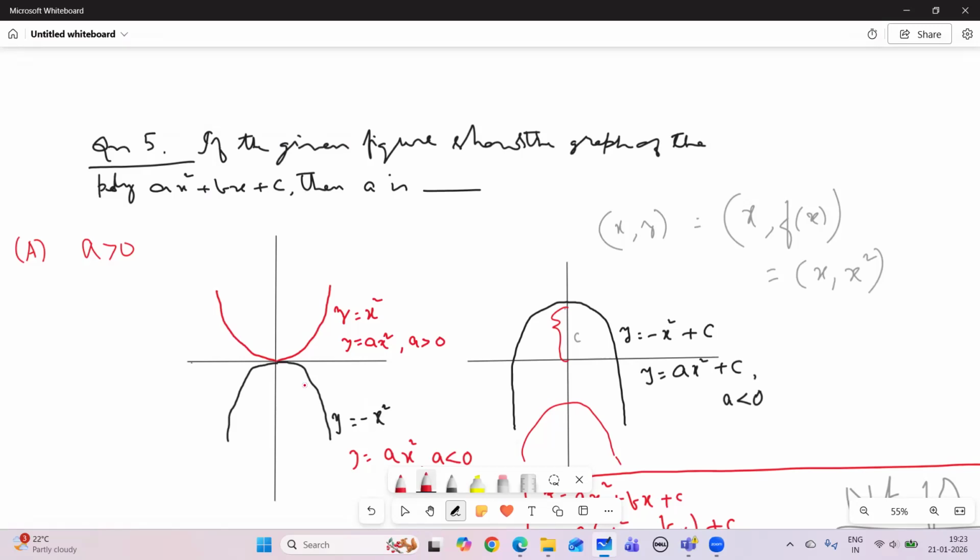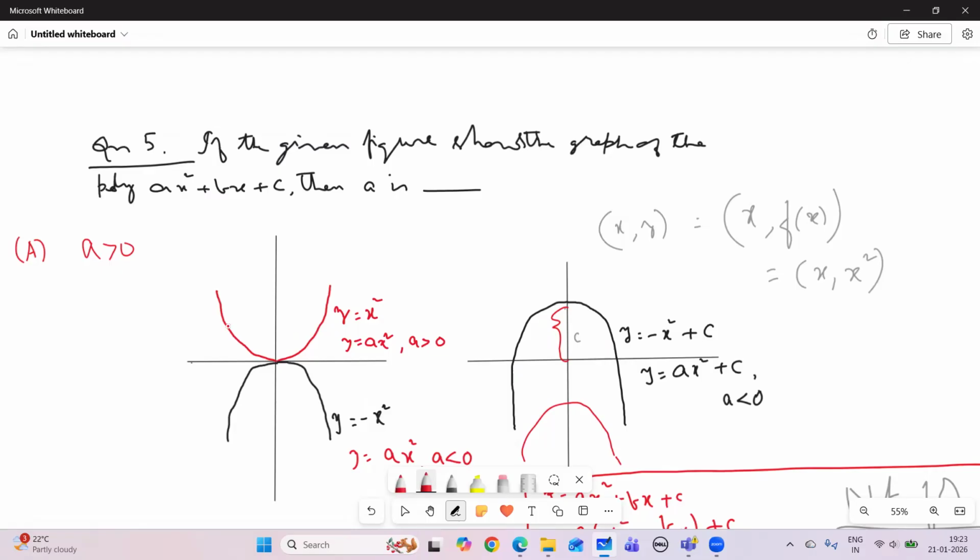The given graph is in the shape of this shifted graph. This is further shifted, so its center is varying. That's why the given graph is in the shape of this graph. It is shifted towards the right hand side.